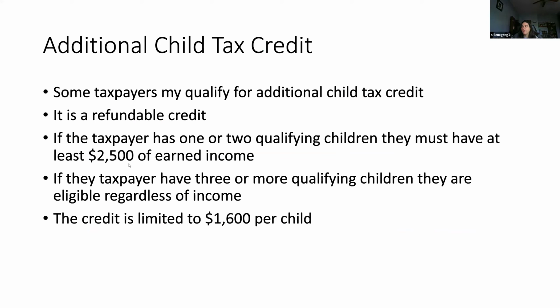They can get up to 2,500, but they have to have some earned income to get this one. If they don't owe tax and they don't have any earned income, which we'll go through in a later session, they still won't be able to get this one. They have to have at least $2,500 of earned income to get this. So if they have none, they can't get this credit.